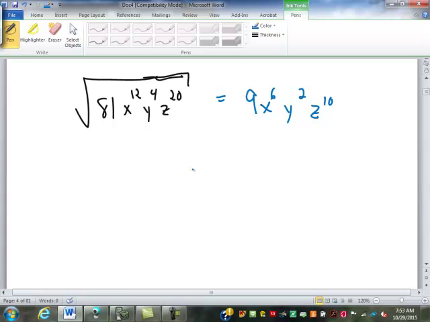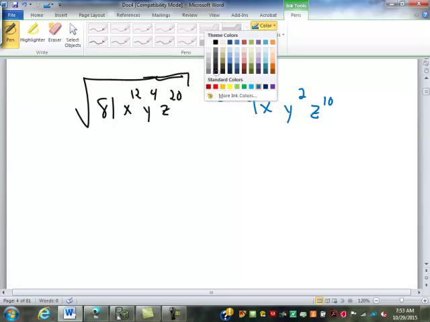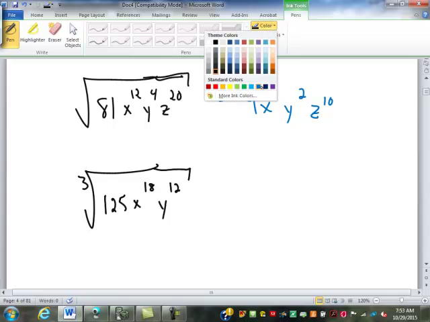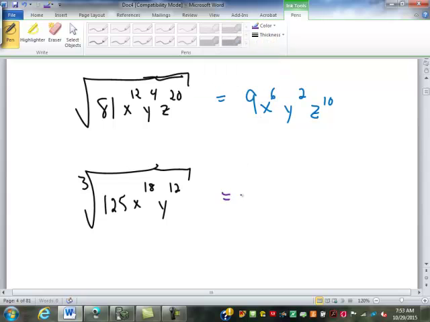So is it always divide by 2 unless you have like the third square root? Oh, if it's got a 3 there, it's not square root, it's third root. Third root. Yep. So now we would have to do the third root of 125, which is 5.